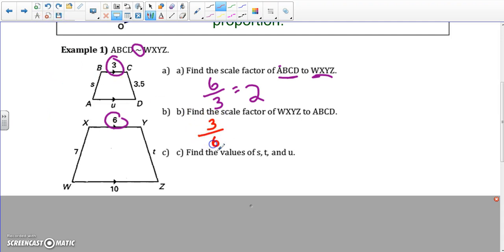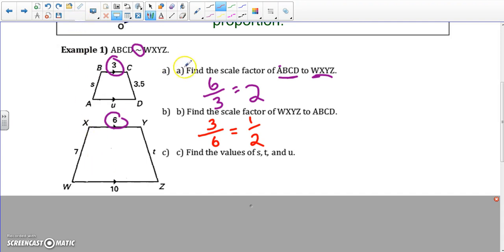Since we know they're similar, we know the corresponding sides are proportional. And this right here, that's a proportion. So 3 over 6 equals 1/2. So every side of the smaller triangle is half the size of the bigger triangle.